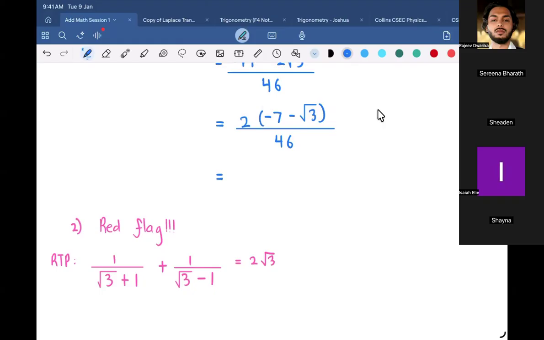We have 2 multiplied by something all over 46. Forget about this. You just cancel out the 2 and the 46. So 2 into 2 is 1, 2 into 46 is 23. So this is the simplest form you could get.